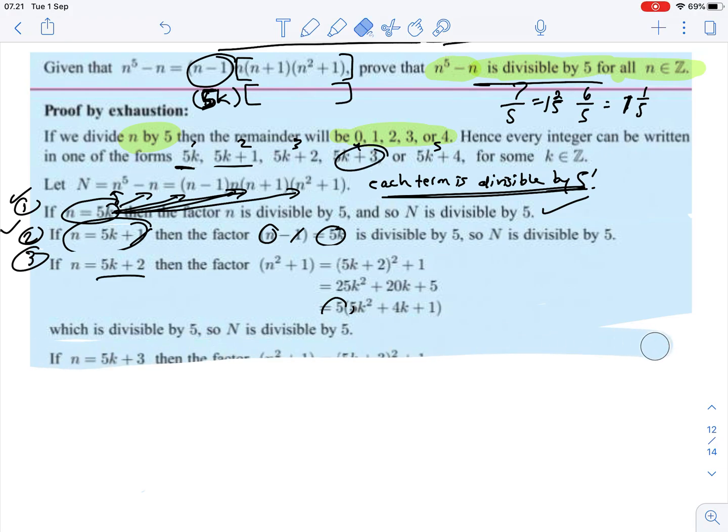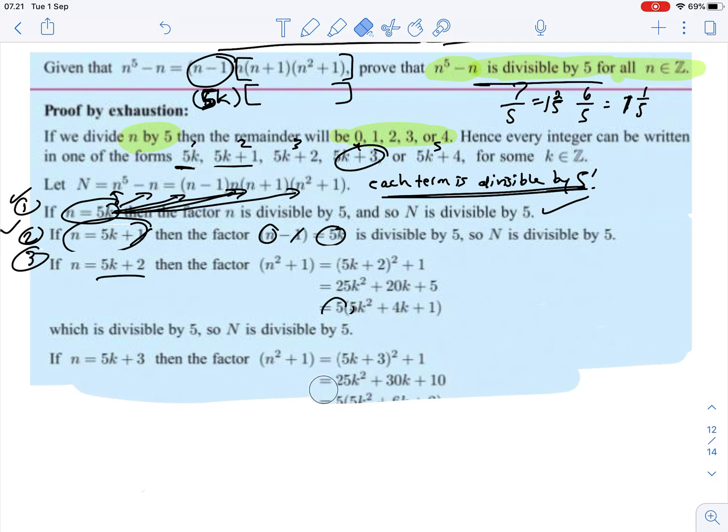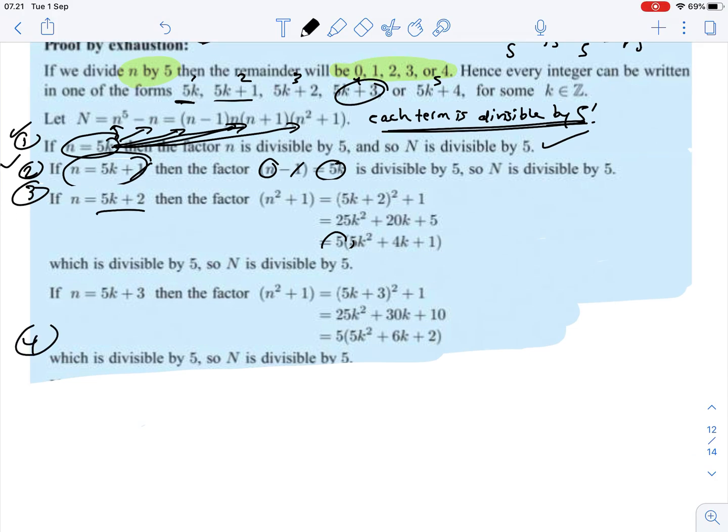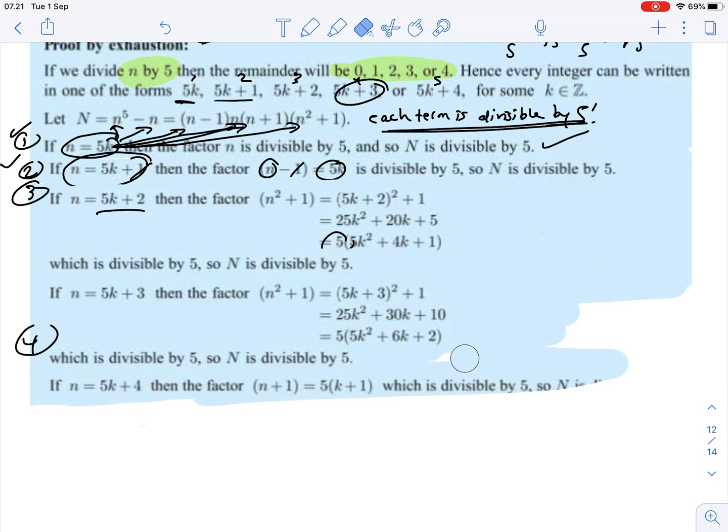My next one is 5k plus 3. If n equals 5k plus 3, I plug that into n squared plus 1. Again, you're trying to get to a point where you can pull out a 5. There it is. Boom. Because we can factor out a 5, that tells me it's divisible by 5. So there's case 4. And the last case is 5k plus 4.